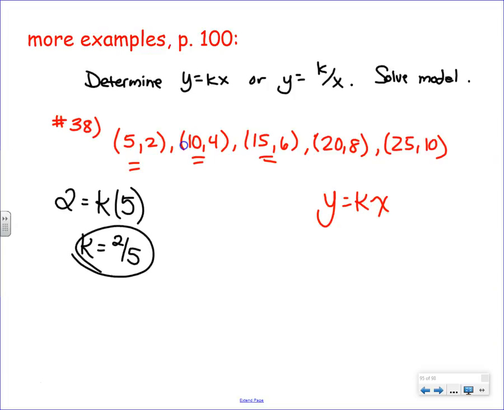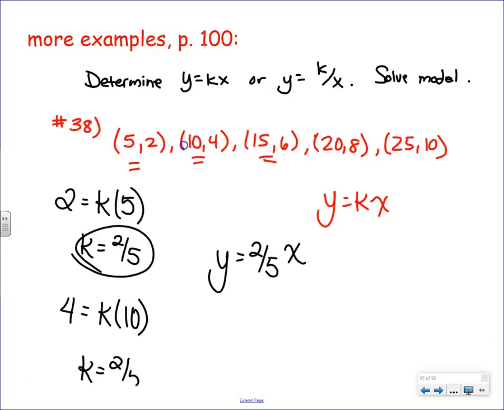Then I should be able to take that, plug it into my model, and it should work for all the other points, right? So I should be able to do the same thing with 4 equaling k times 10, and what should my k still be? Yeah, so if it is 2/5, I've got it, and I'm right. Is it 2/5, 4/10? Yeah.